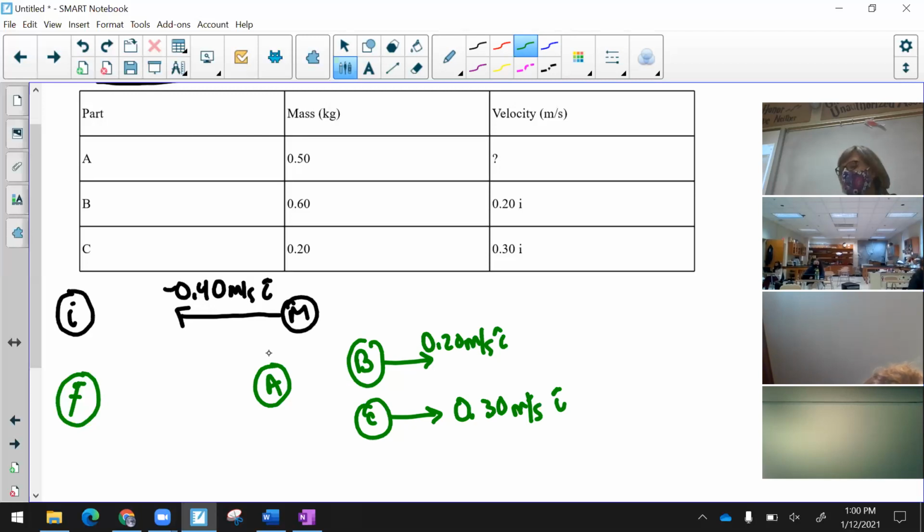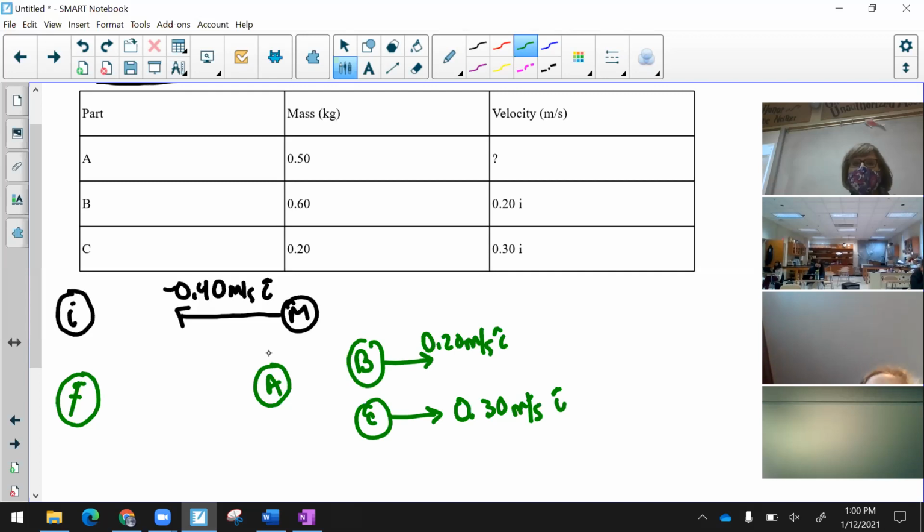Which way do you think particle A is going to go? To the left. And that would be positive or negative, Lauren? Negative. Why do you think that?